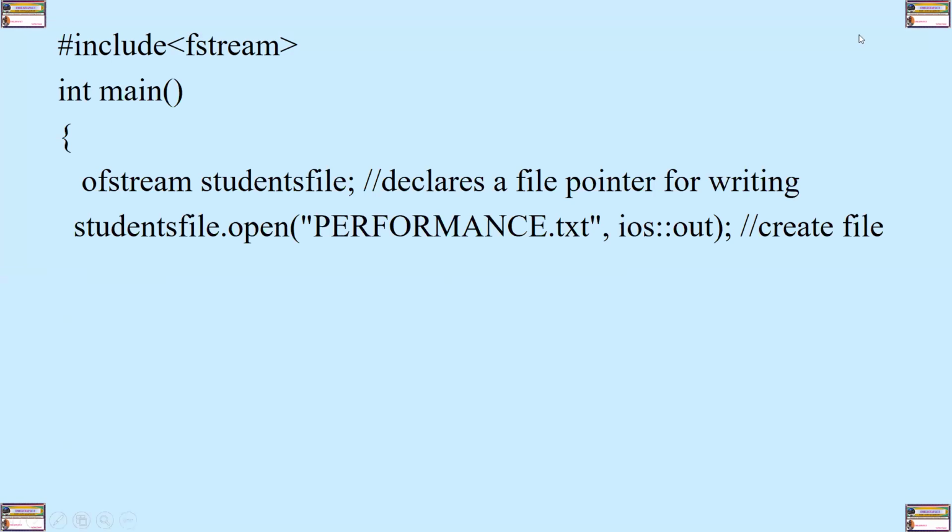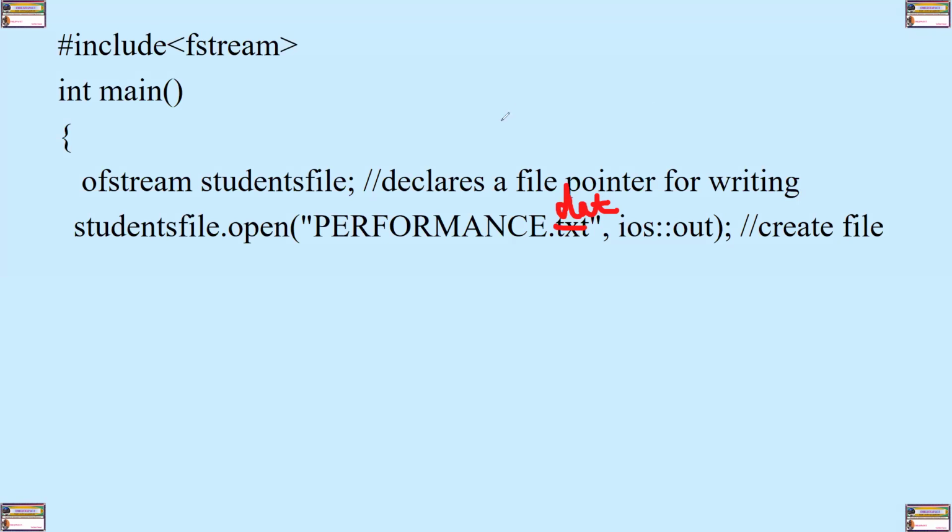Now in this case, if it is .dat, we have to include here .dat. But if it is text, then we include .txt. Remember, you must always include the full name of the file that you want to open. If it is a text file, we include .txt. If it's a data file, we include .dat.